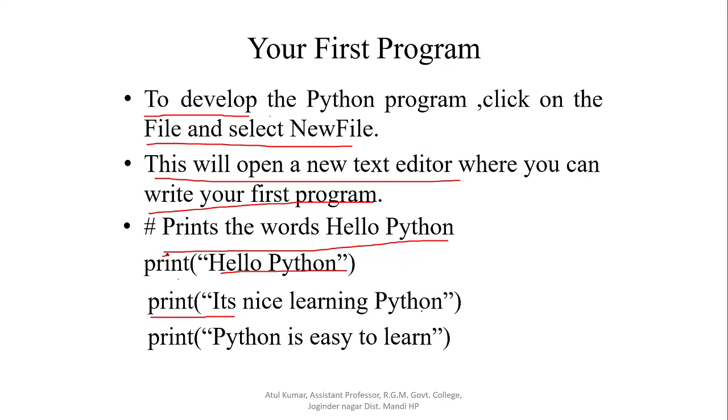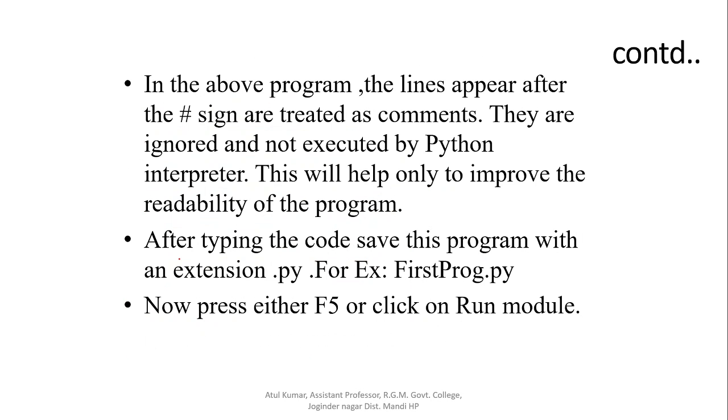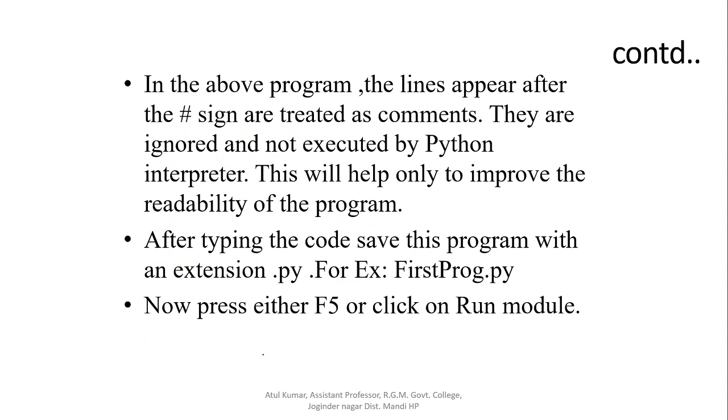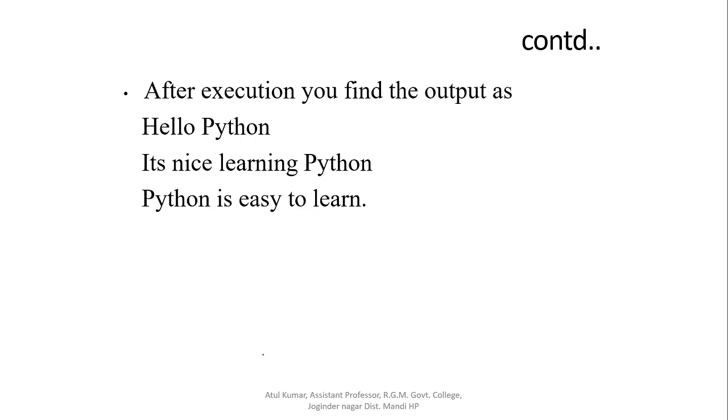Print, It's a nice programming language, and print, Python is easy to learn. When you execute this program, it will print all three lines: Hello Python, It's a nice programming language, and Python is easy to learn. After execution you find the output like this.